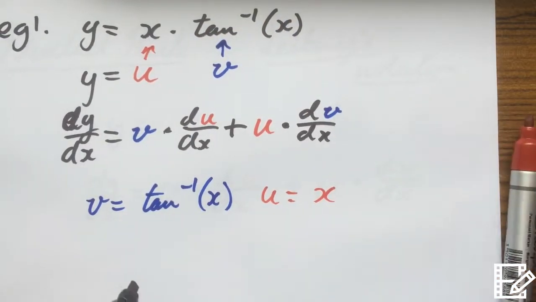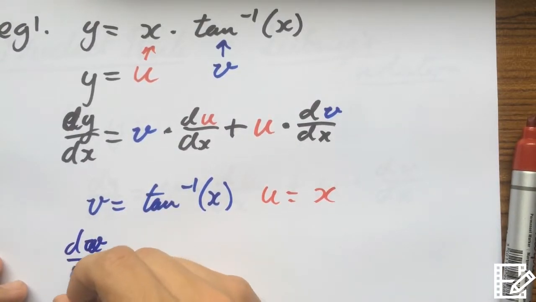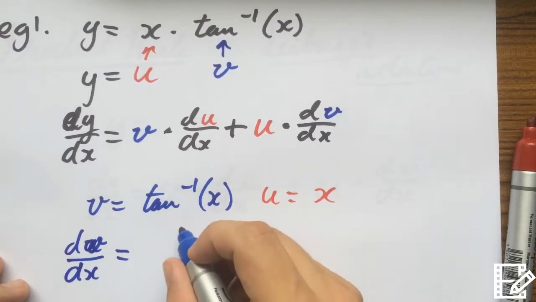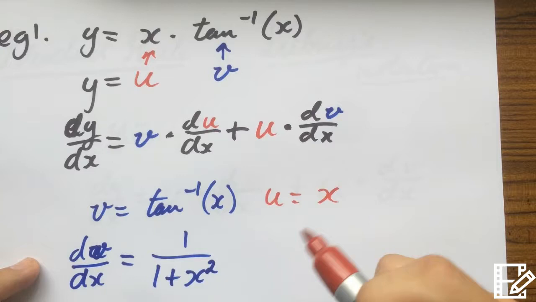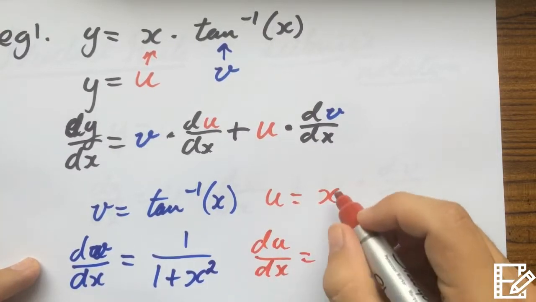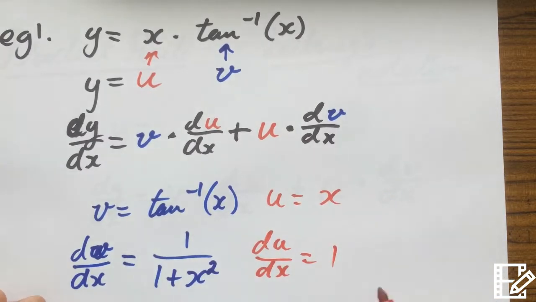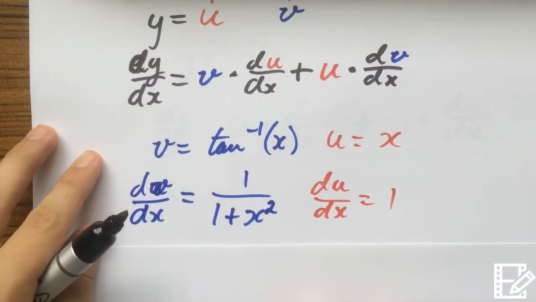Okay, so the derivative of v, what's the derivative of the inverse of tan x? 1 over 1 plus x squared. And what is the derivative of u? With u is x, the derivative is 1. Okay? So now we have all we need to answer the question.